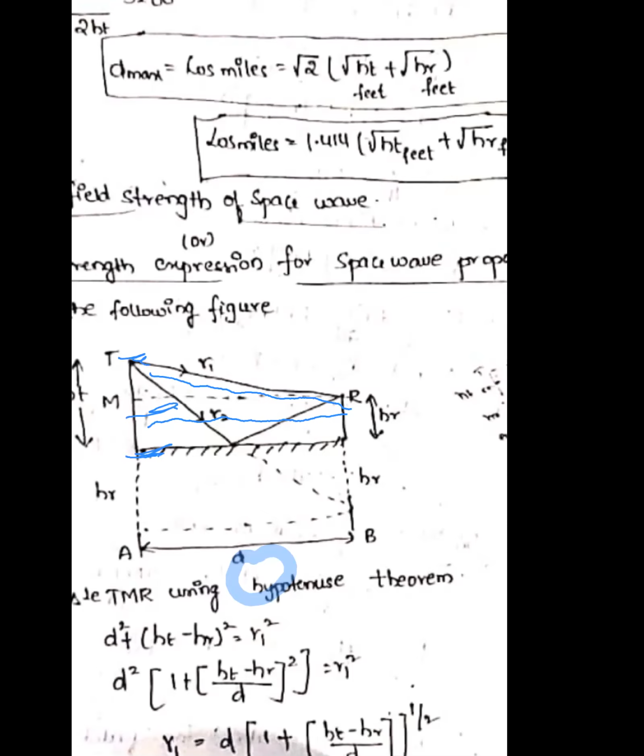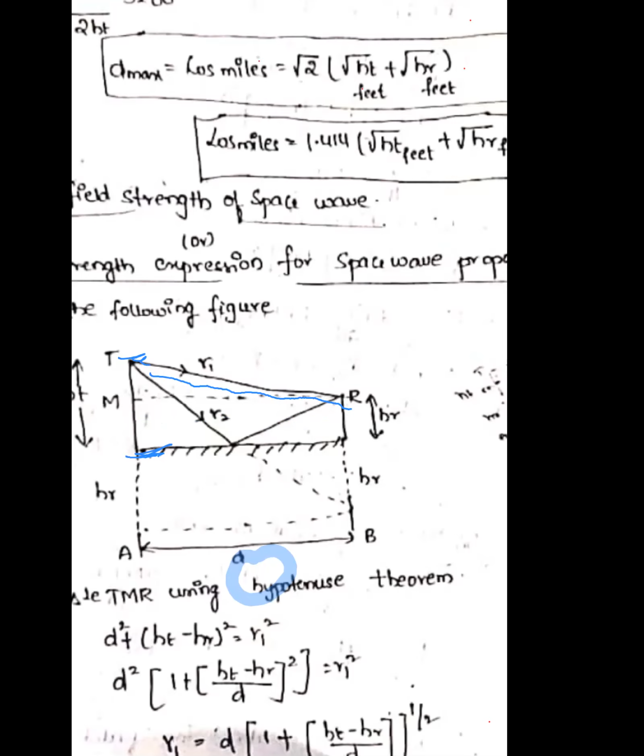This part is H star. Then the whole thing becomes (HT minus HR) whole square. This term becomes (HT minus HR) whole square plus D square is equal to R1 square. I repeat, one side square is D square plus another side square is (HT minus HR) whole square, which is equal to hypotenuse square, that is R1 square.